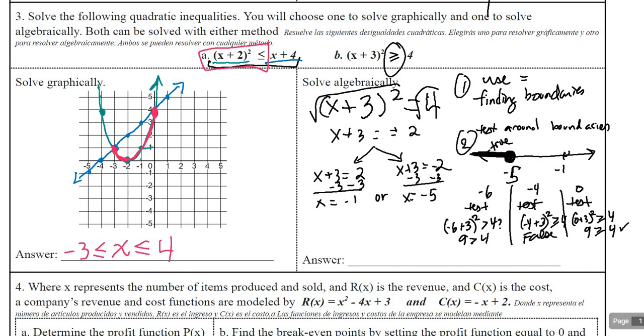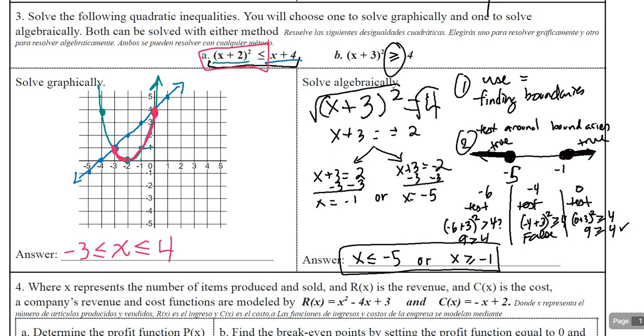That's true. So I also have solutions here. That means my solution set is x is less than or equal to -5, or x is greater than or equal to -1. Both are allowed.